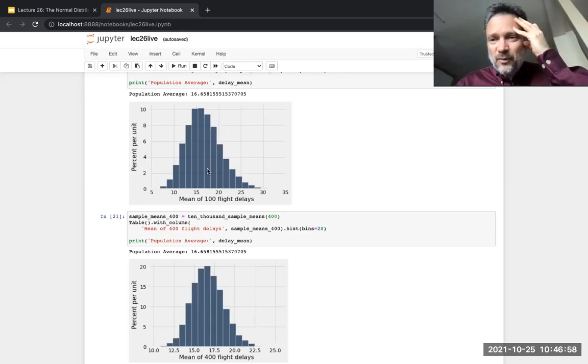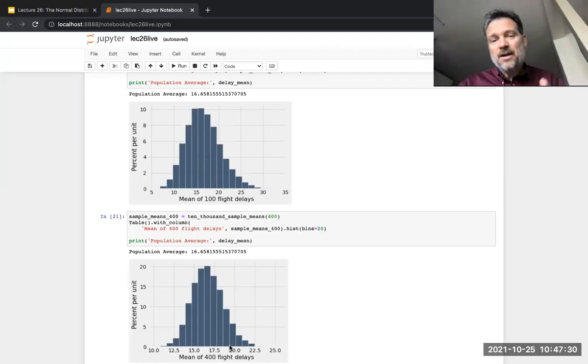In the top graph, when we had samples of 100, the values were ranging from, let's say, 10 to 25 or 12 to 22. When you had the bottom graph with samples of size 400, the values are ranging now from maybe like 13 to 20 or 14 to 19 or something like that.